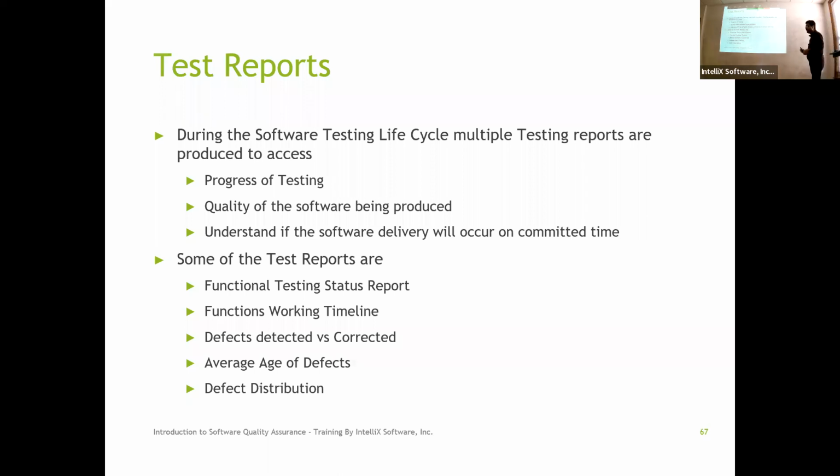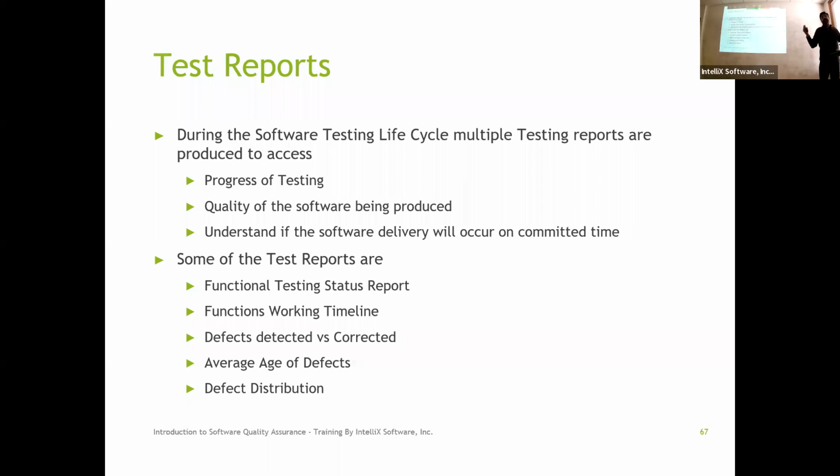What is the quality of software being produced? So another report could be how many bugs I'm finding whenever I run the test cases. Right? If 50% of my test cases are identifying bugs and failing to meet the expected behavior, that means there's a lot of rework that needs to be done. Those need to be fixed, those need to be retested, right?